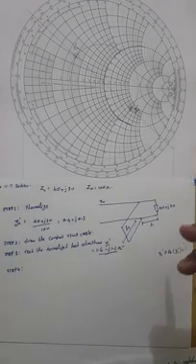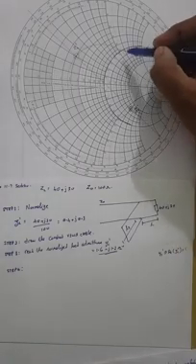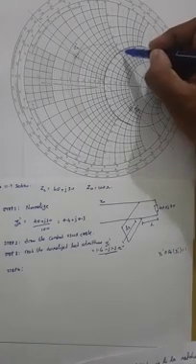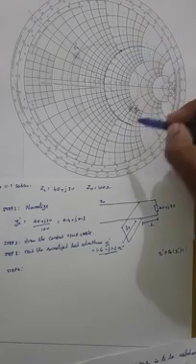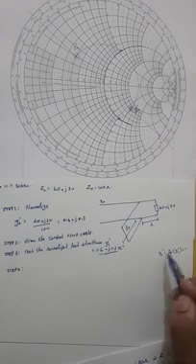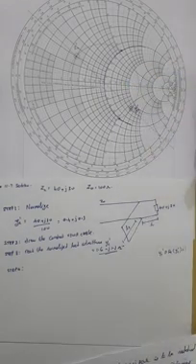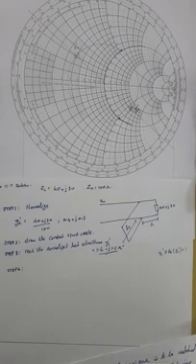Taking a look at the constant VSWR circle, you see that there are 2 points. There is either this point here or this point here, wherein you may achieve the real part of this complex admittance taking a value equal to 1.